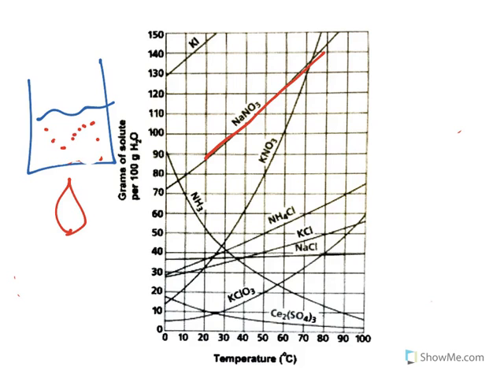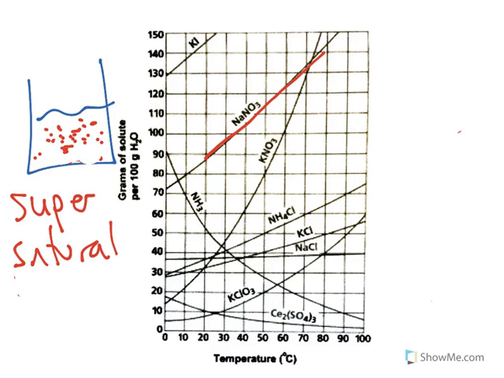It goes into solution in this warm solution. And then if I remove the heat and I let that solution cool down, that solute will stay dissolved, and we call that a supersaturated solution.